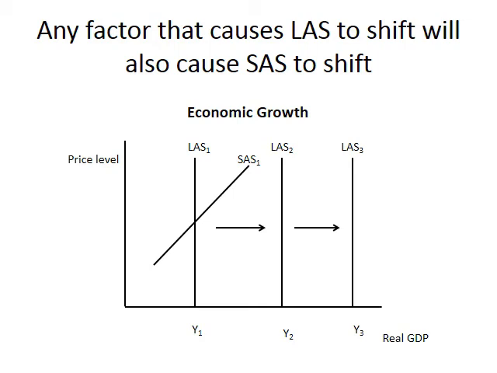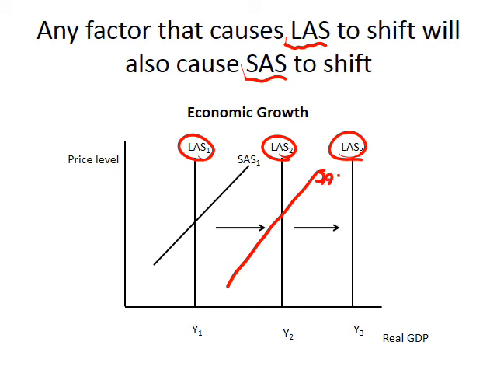Factors that cause LAS to shift: if LAS shifts, SAS is going to shift. So when you show economic growth, if you show LAS increasing, then you need to show correspondingly that SAS has shifted. Because anything that increases or improves the factors of production will also have that short-run effect as well.